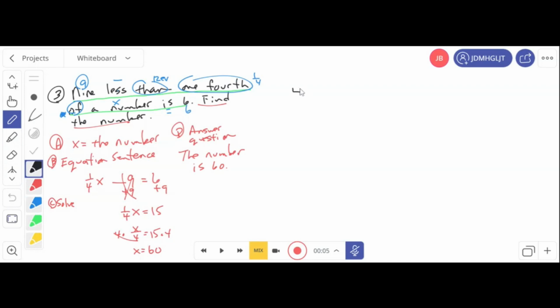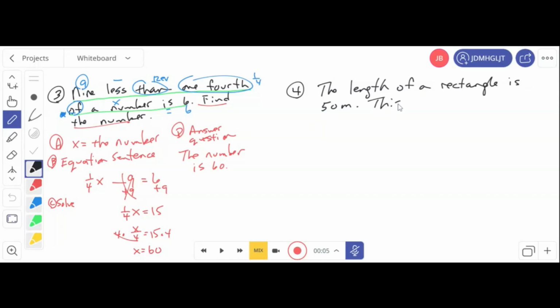All right. Look at number 4. Okay, number 4, we're getting back to problems that have a little bit more to them. So it says the length of a rectangle is 50 meters.